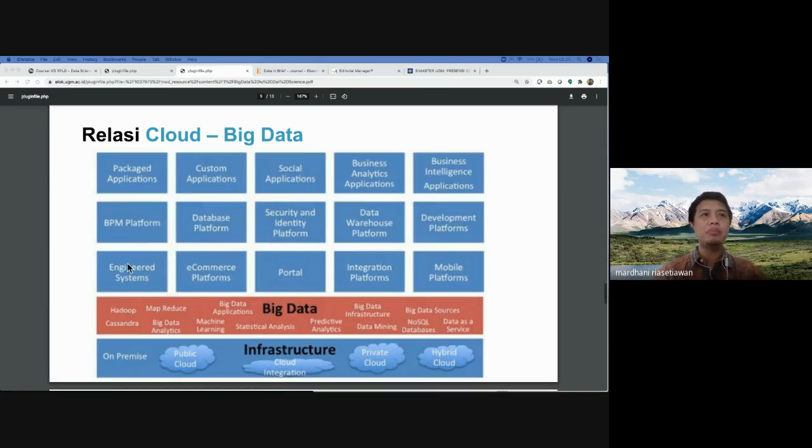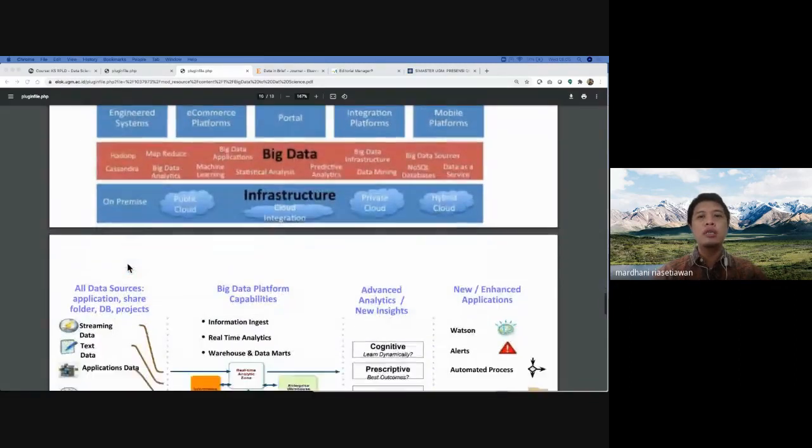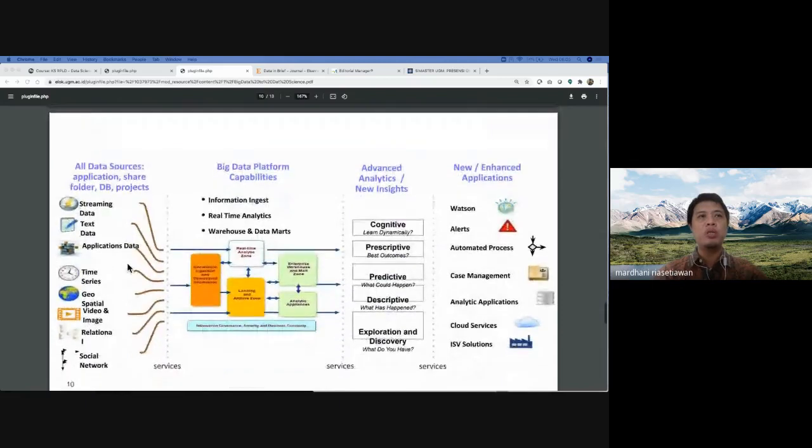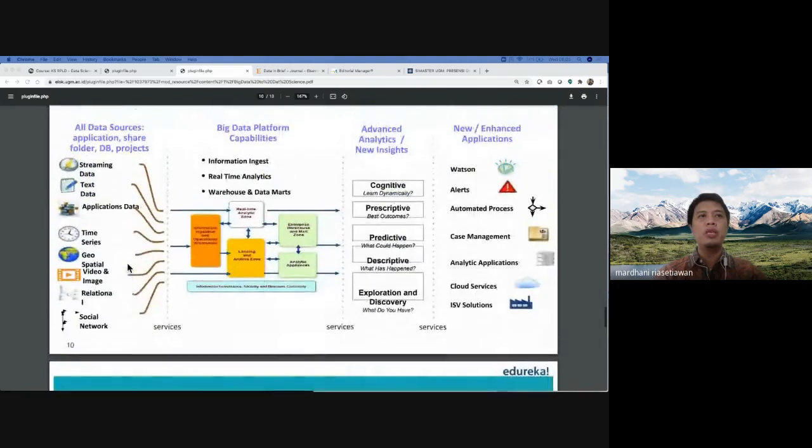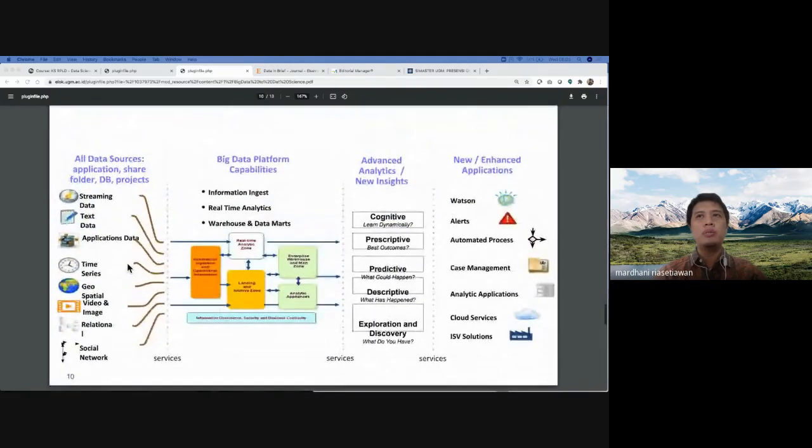Now we will discuss what actually is the main concern of the big data processes that support the data science processes. You can see in here we have at least four components, or four big steps, in the whole process from big data until data science.